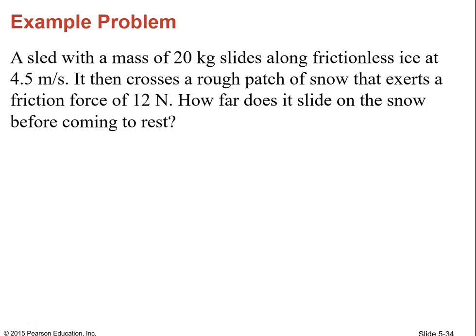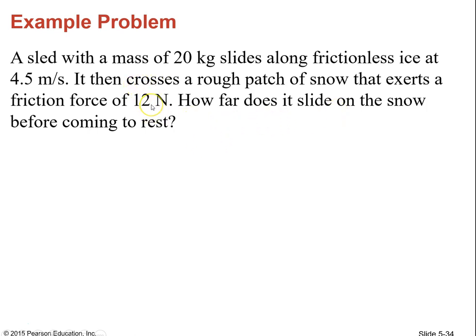Okay, this one, another acceleration problem. You know the initial speed, you know the final speed, so you can figure out acceleration. Actually, you can solve the acceleration easily because if it crosses a rough patch of snow, it exerts a friction force of 12 newtons.